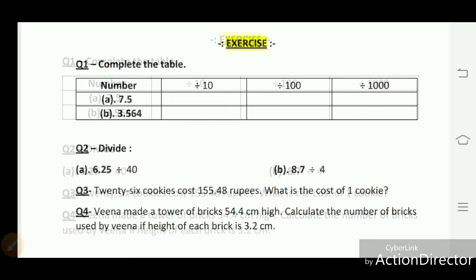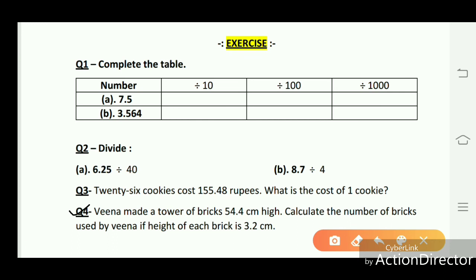In question number 4, Veena made a tower of bricks 54.4 cm high. Means the total height of the tower is 54.4 cm. Calculate the number of bricks used by Veena if the height of each brick is 3.2 cm. Means we calculate how many bricks are used to make this 54.4 cm high tower.